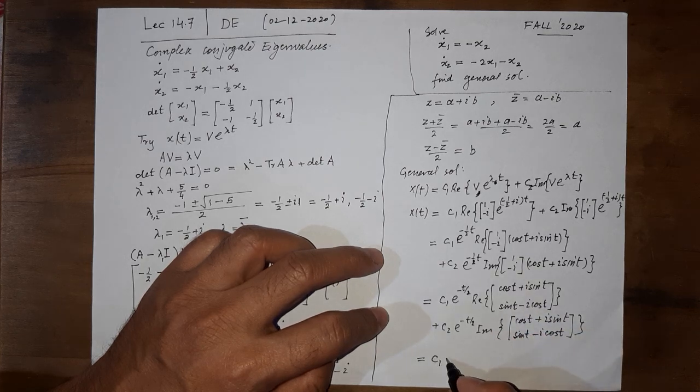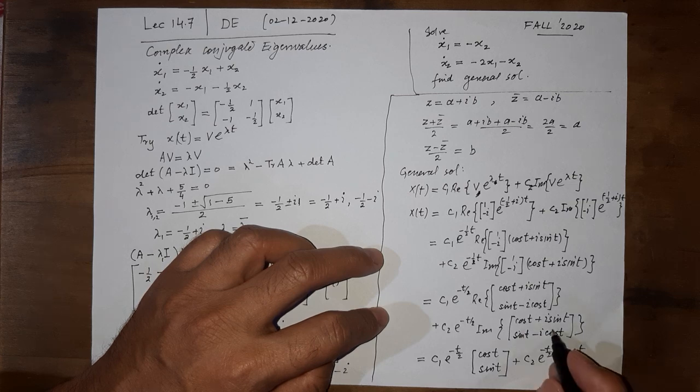So we get c1 e raised to the power minus t by 2 and a matrix with only real parts, cos t and sin t, and plus c2 e raised to the power minus t by 2, cos t and imaginary parts, sin t and cos t.